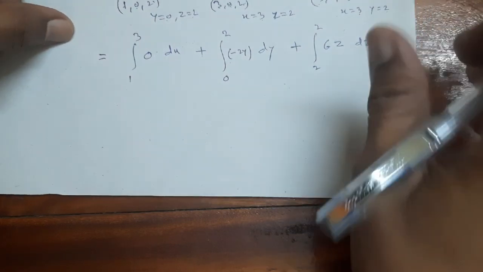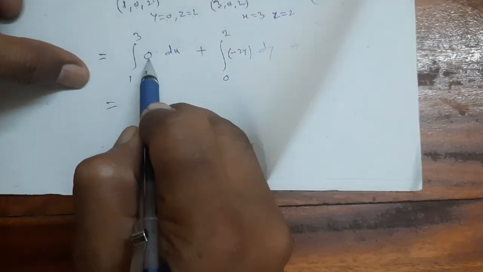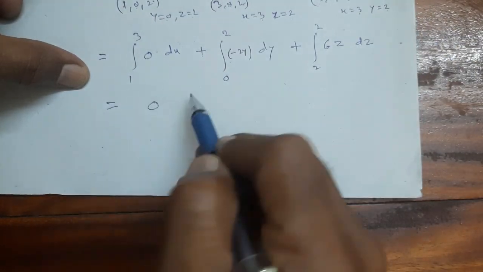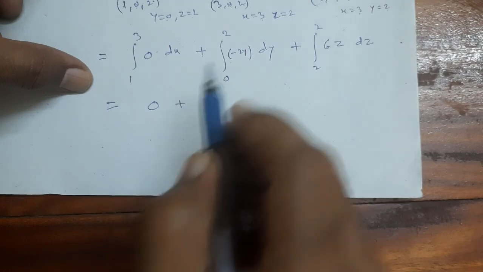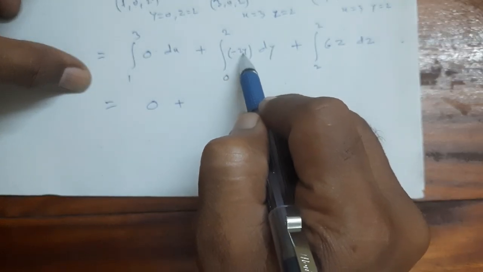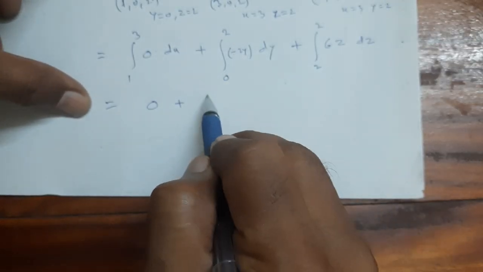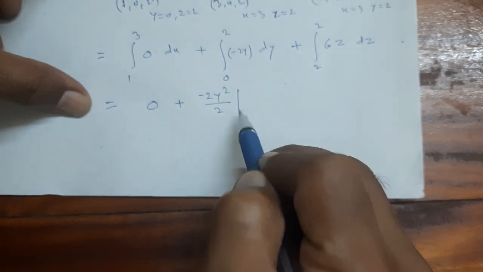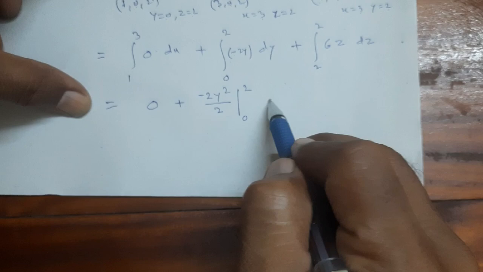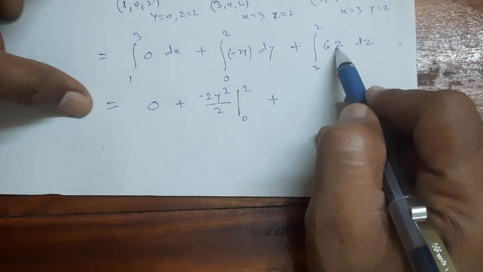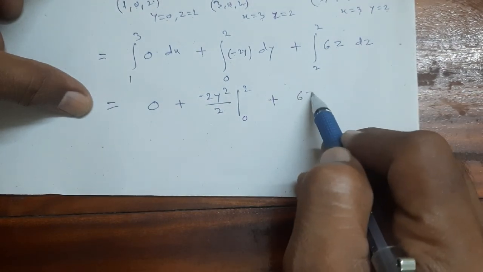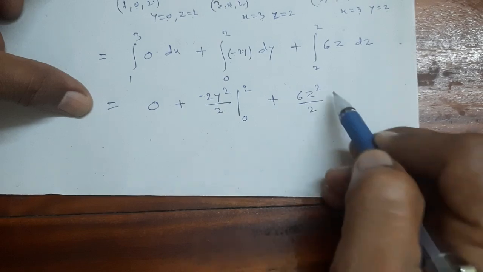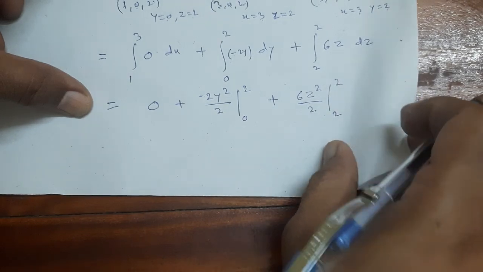And therefore, here I can write the integration of 0 is there, and therefore it is 0, plus integration of minus 2y over dy is minus 2y square divided by 2 from 0 to 2, plus integration of 6z over dz is 6z square divided by 2, but from 2 to 2.